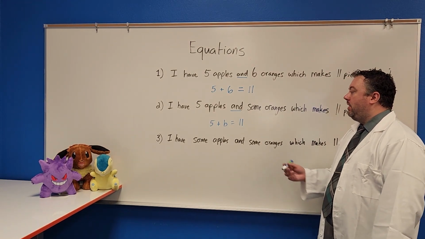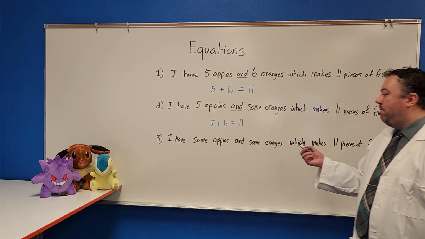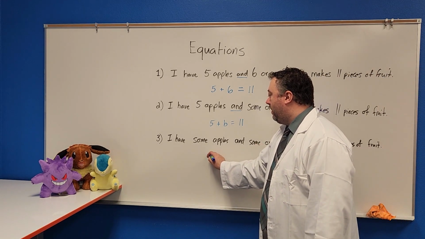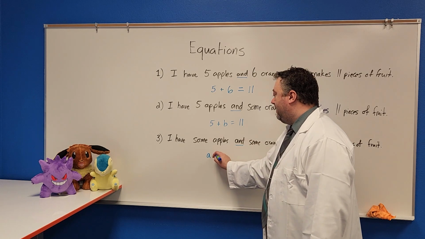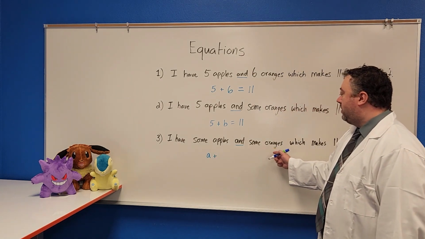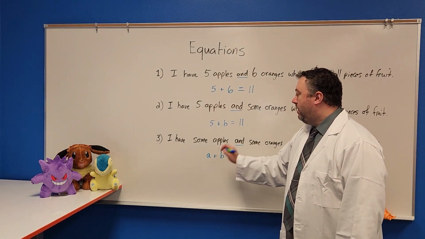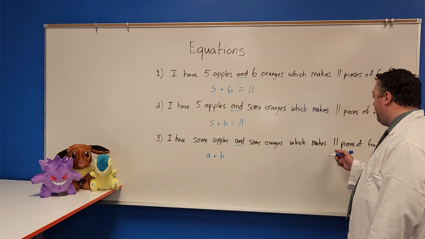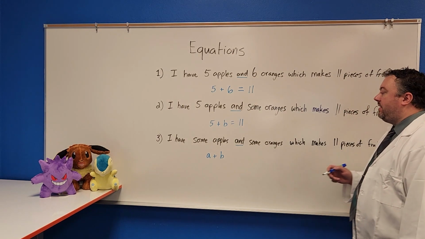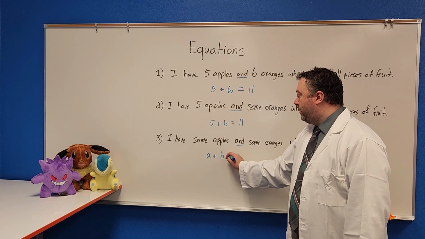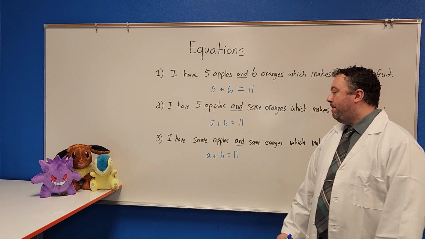And with our third example, I have some apples, which became our variable a, and is addition, some oranges, which became our letter b, makes 11 pieces of fruit, so we say equals 11.